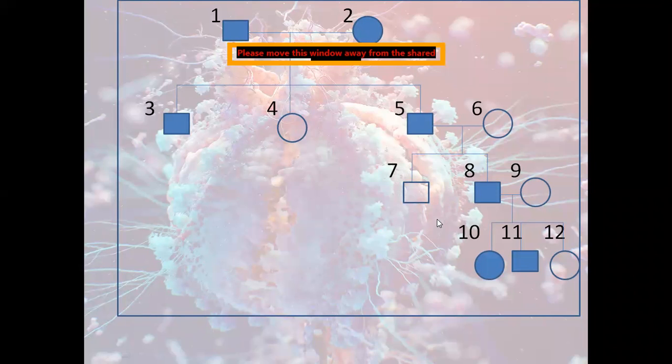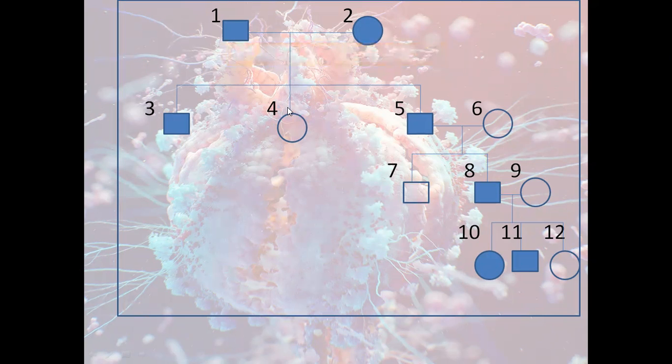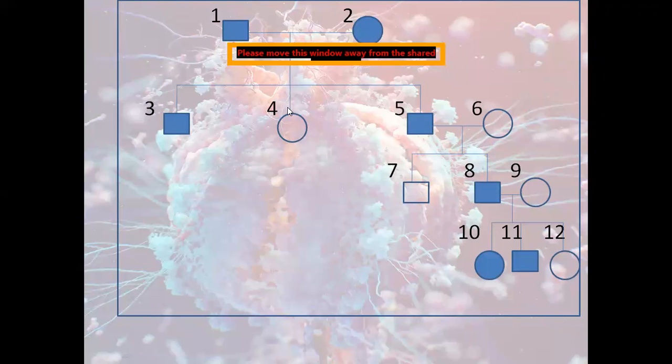Cynthia: Since parents 1 and 2 are affected, and they gave birth to an affected child 3, the allele of the disease is dominant over the normal, which is recessive.